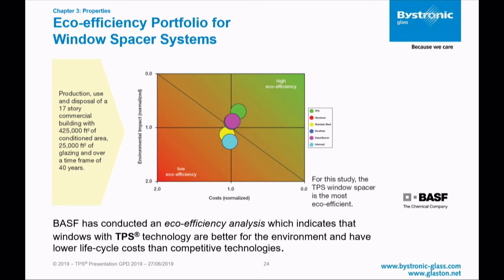We also got a study from BASF. It's a long-term study where they compared different spacer materials which are available on the market, and they checked a lot of items for costs and for the economic influence.